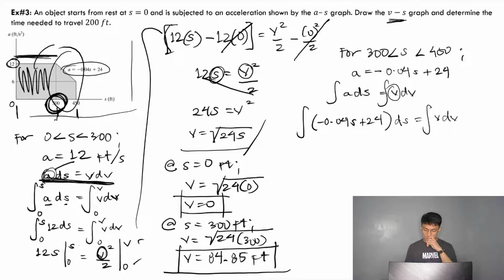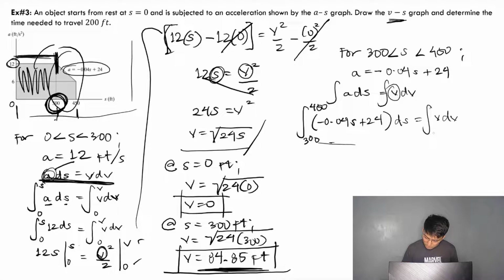Now, the limit on the left side of the equation is 300 to 450, the position. And on the velocity side, the first limit we already solved earlier. It is 84.85, because we are at this point.